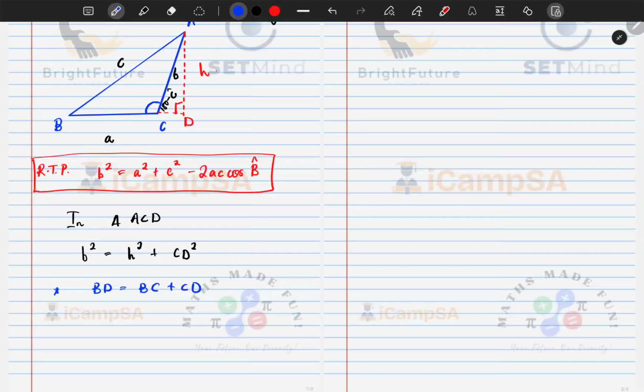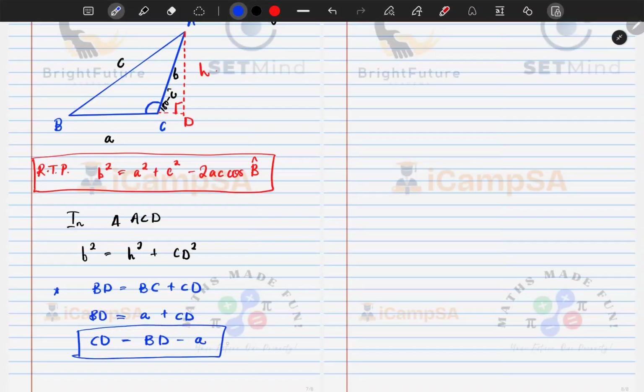BD is what we don't know, the variable, but we know BC is a, and we don't know what CD is. So now we make CD the subject of the formula, because I want to write CD in terms of a. So my CD is going to be equal to my BD minus a.